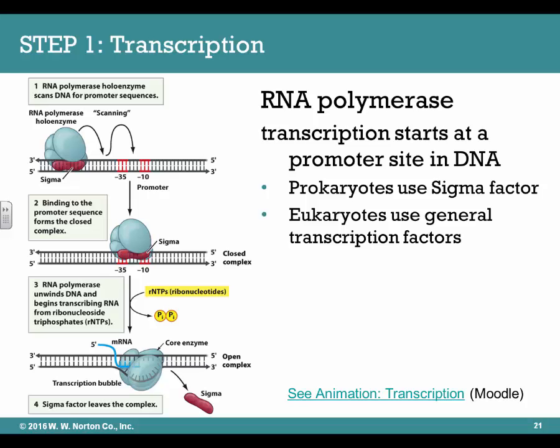And then it's released so that RNA polymerase can do its function of opening up the double-stranded DNA at that point and bringing in the ribonucleotides to make that messenger RNA. So remember, ribonucleotides are a little bit different than the bases found in the DNA because there's no thymine. Instead of thymine, there's uracil that base pairs with the adenine.